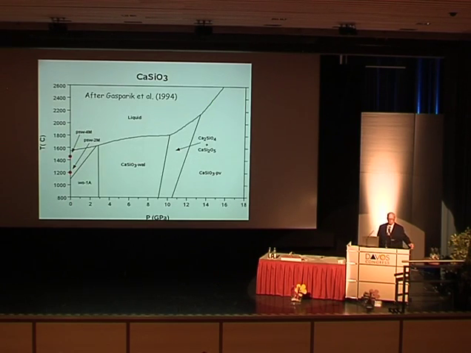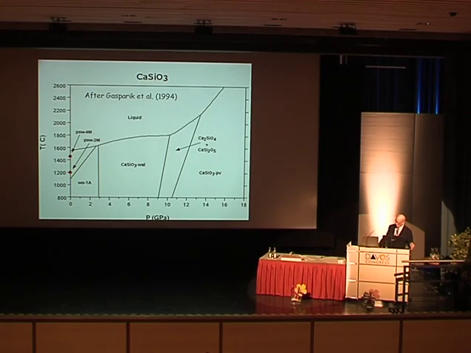After that, I became more interested in the calcium silicate series. Wollastonite at low pressure is here, and it transforms to walstromite, and I'll talk about that in a minute, then breaks up into two phases at higher pressure, and then finally to perovskite. There are two red dots here.